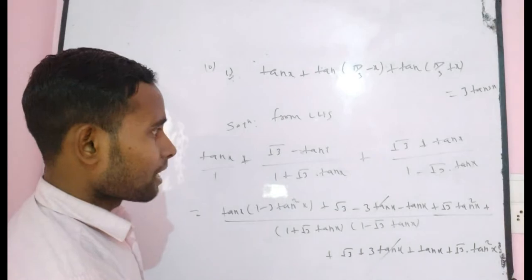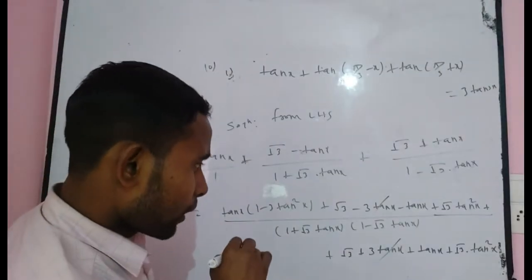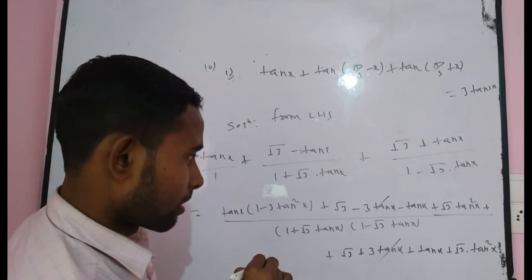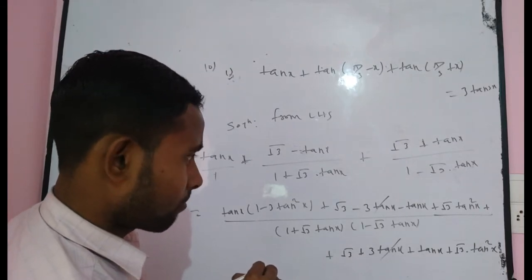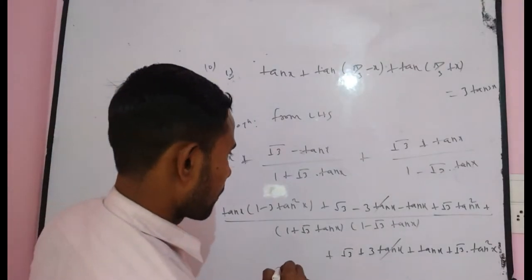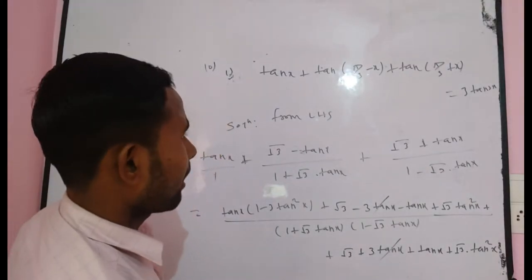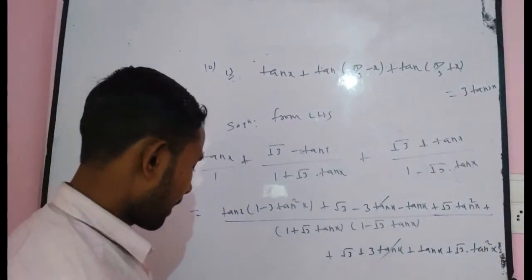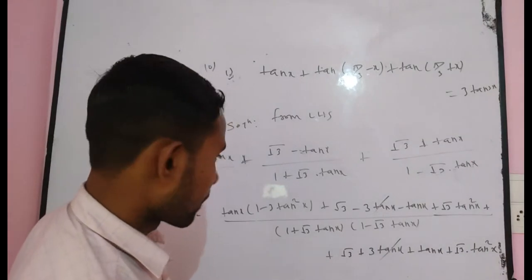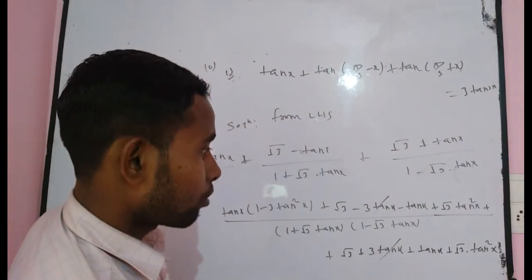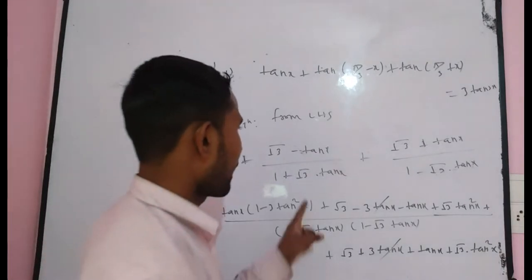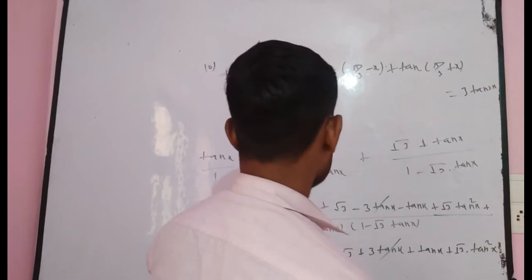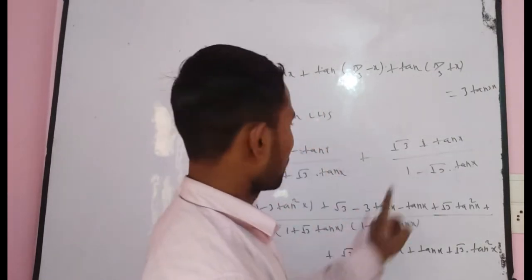I think you understand. Now you get √3 and √3 to 2√3. After it, √3 tan² x and √3 tan² x. If you multiply, sorry, minus plus √3, it is okay.